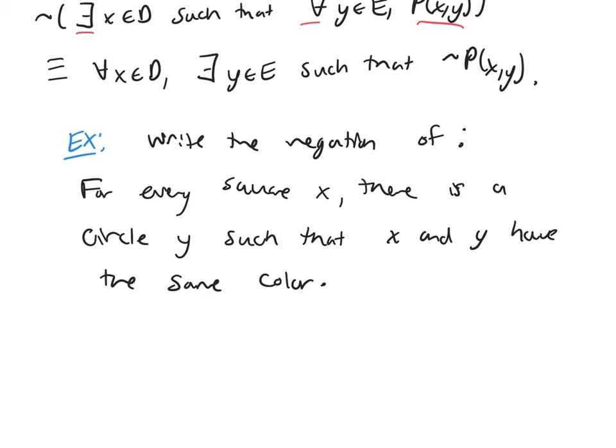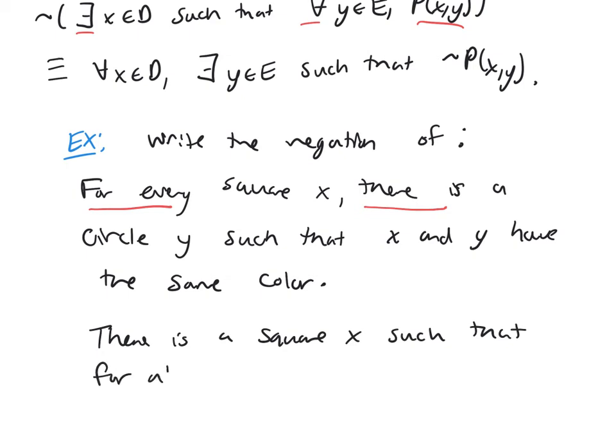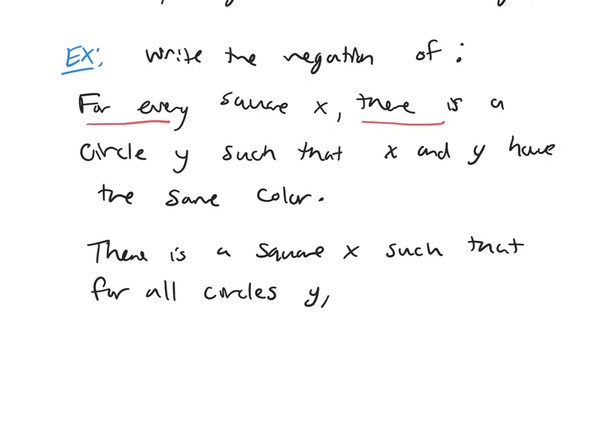So you're going to start. Which quantifier do you have here? It starts with universal. So when you negate it, it's going to become existential. There is a square X such that, and then this quantifier is existential, so it's going to become universal: for all circles Y, and then you need to negate X and Y have the same color.